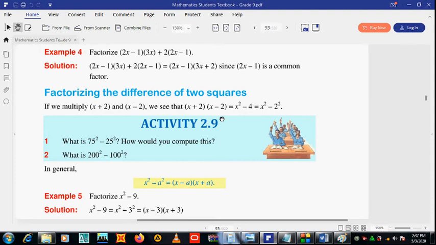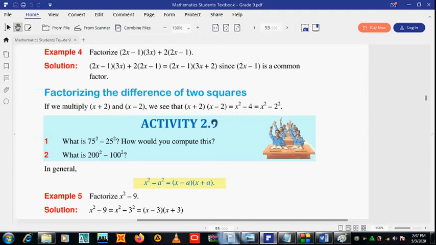Let's proceed. Factorizing the difference of two squares. Difference means subtraction, that is a minus b and a plus b. If you multiply x plus 2 and x minus 2, it gives x square minus 4, or x square minus 2 square.